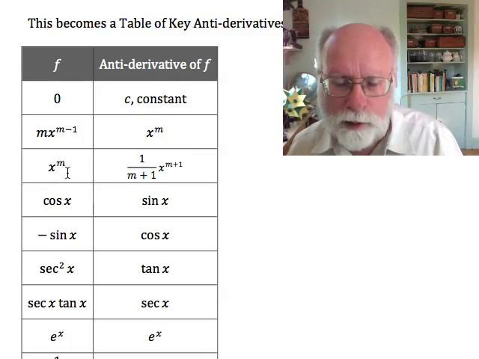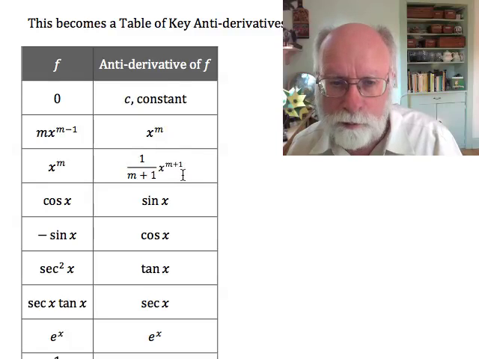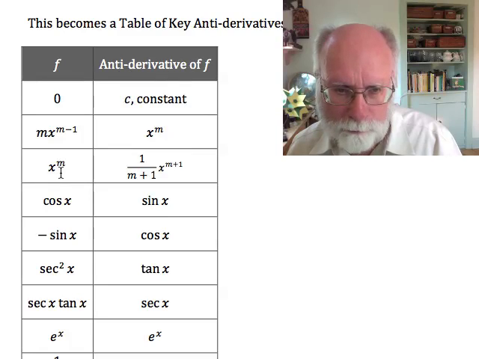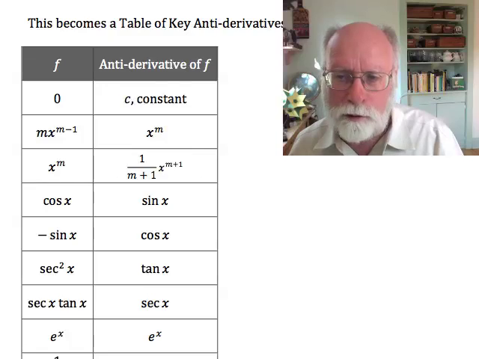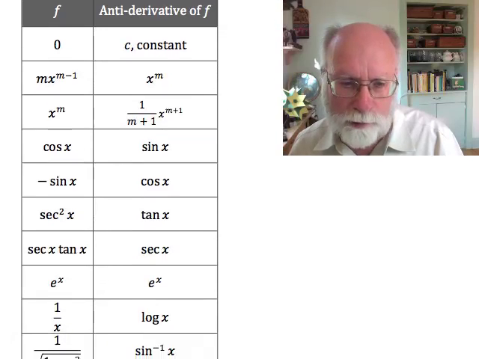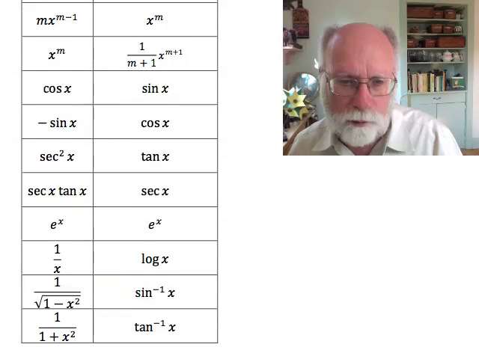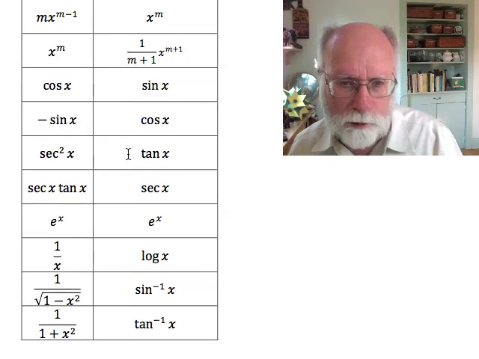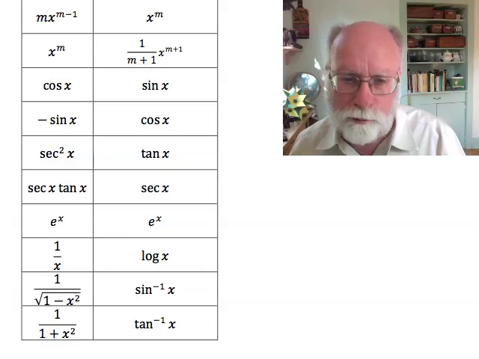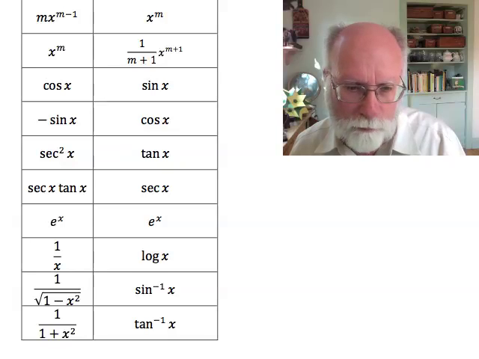So the antiderivative that I'm writing for x to the m is 1 over m plus 1 times x to the m plus 1. The derivative of that function is x to the m. And this table goes down a little bit. You'll find that if you download the script for this particular video, it'll have this table in it. And it really is just our table of derivatives, but with the order of the columns reversed.